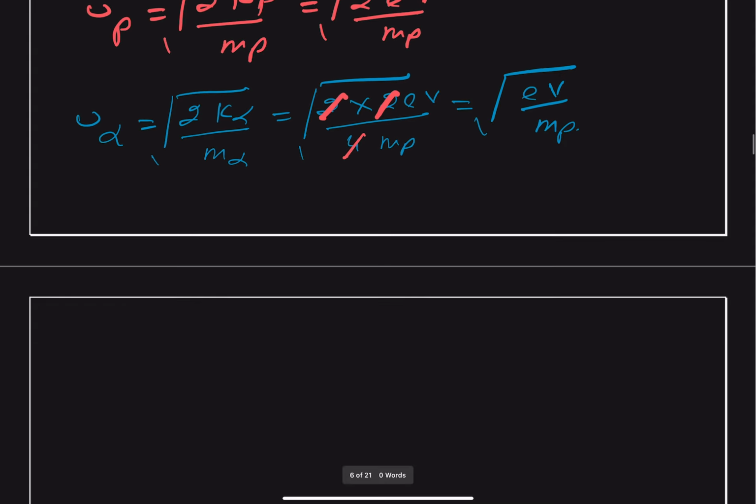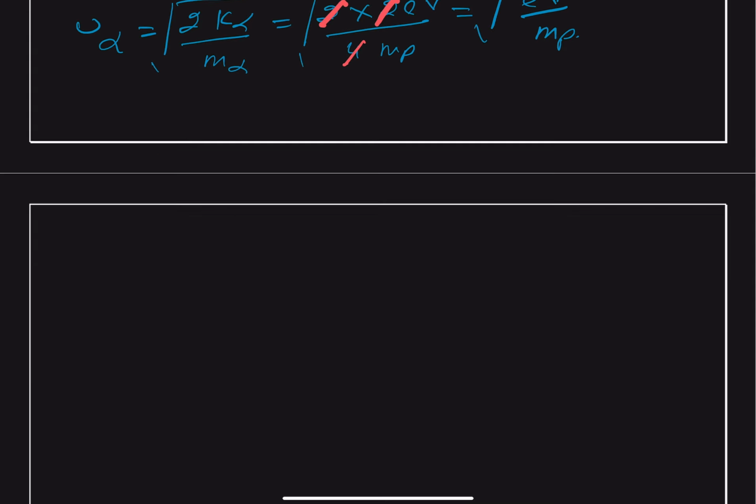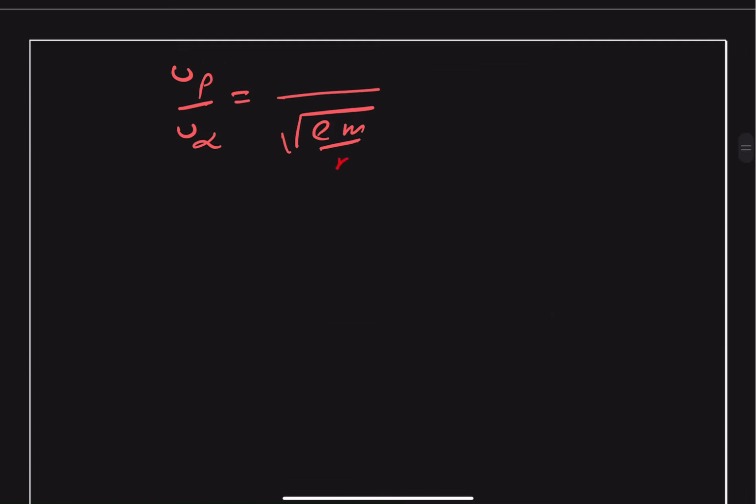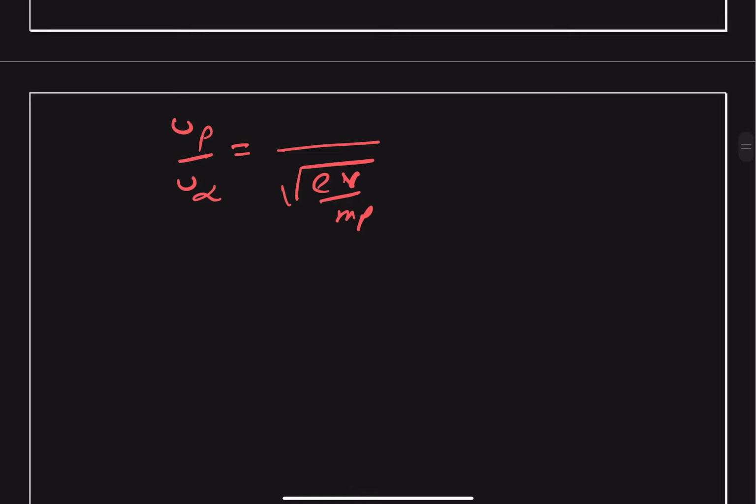Now we have to find out the ratio of their velocities. So we can say velocity of proton divided by velocity of alpha particle will be equal to, here should be V, and for proton we have the square root of 2eV over mp.